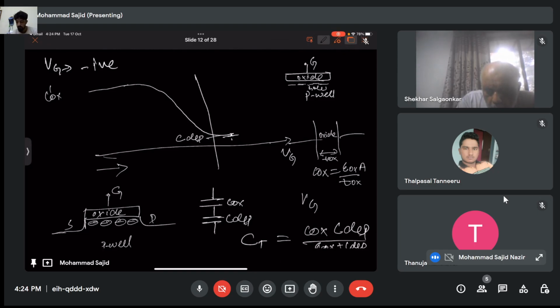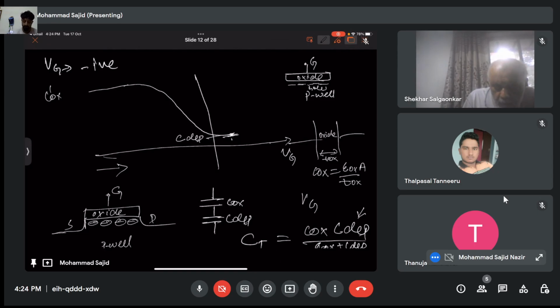So once you go on increasing this bias, the C depletion comes in the picture, which is very less than C ox. You know that this relation will always give you the answer that is less in magnitude, right? So C depletion is less in magnitude, so C depletion will reduce the total capacitance.